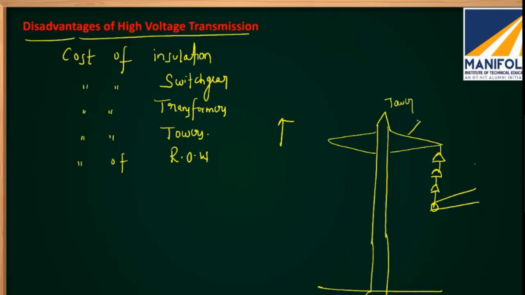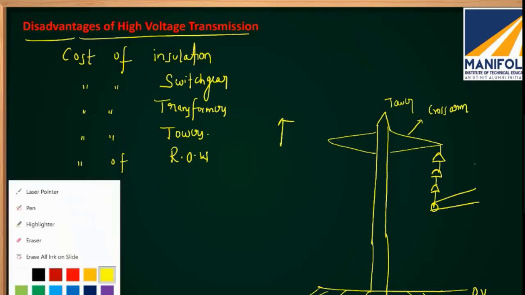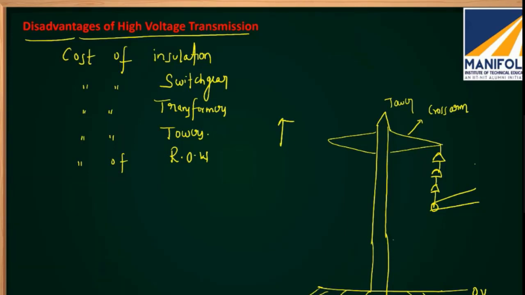This one is called the cross arm. Where the tower is landing on the ground, what is the potential of ground? 0 volt. What is the potential of the tower? 0 volt. What is the potential of the cross arm? 0 volt. So till this point, the voltage is 0.